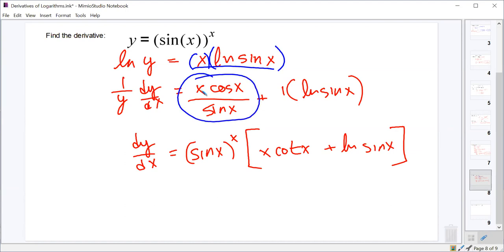So u is x, and the derivative of v, the derivative of natural log of sine x, should be 1 over sine x times the derivative of sine x, which is cosine x. Does that make sense? Yeah, that does. I just missed one part, so that's why I got it wrong. Thank you. Yeah, no problem. And make sure you apply the chain rule with that. It's natural log of u. Right?